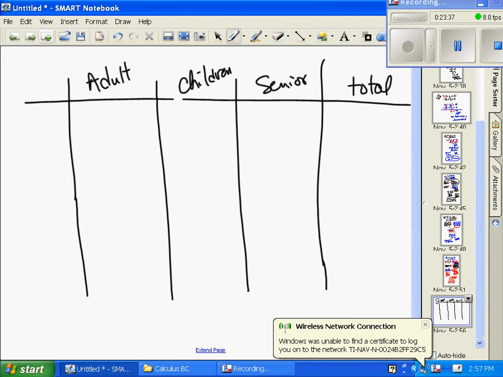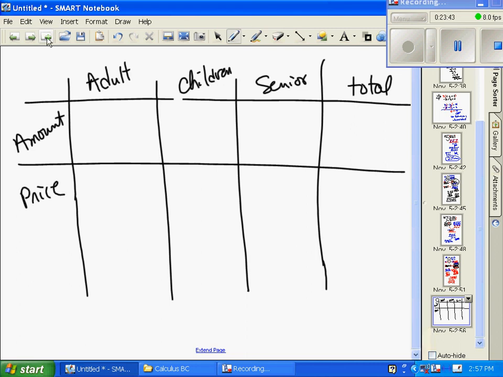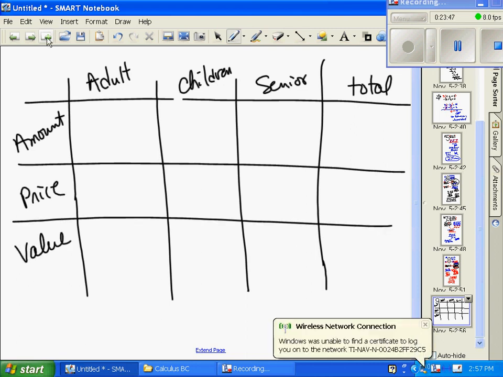Okay, now when we did this, we always said we had an amount first. Here would be price. And then we had value. Now, reading through this again, it says the adult tickets were sold for $8, children for $4.50.